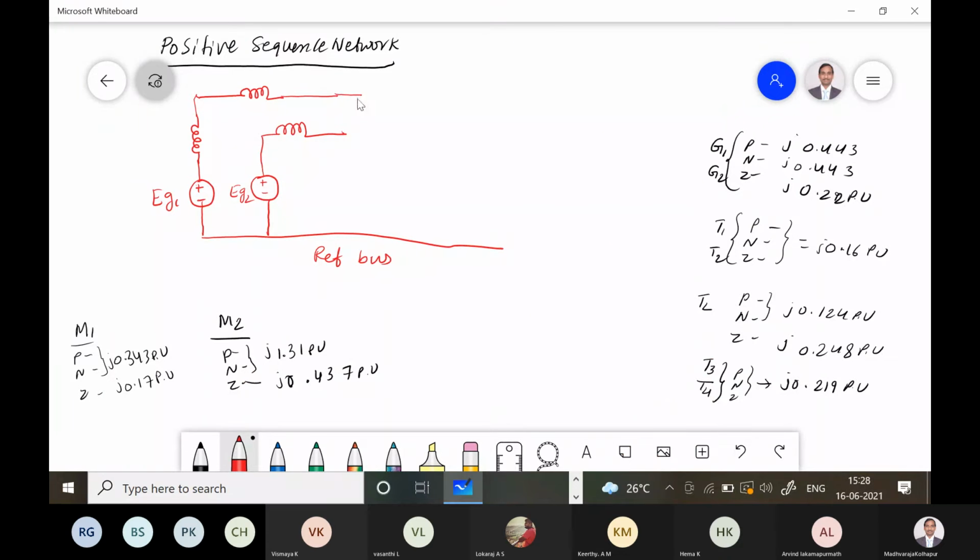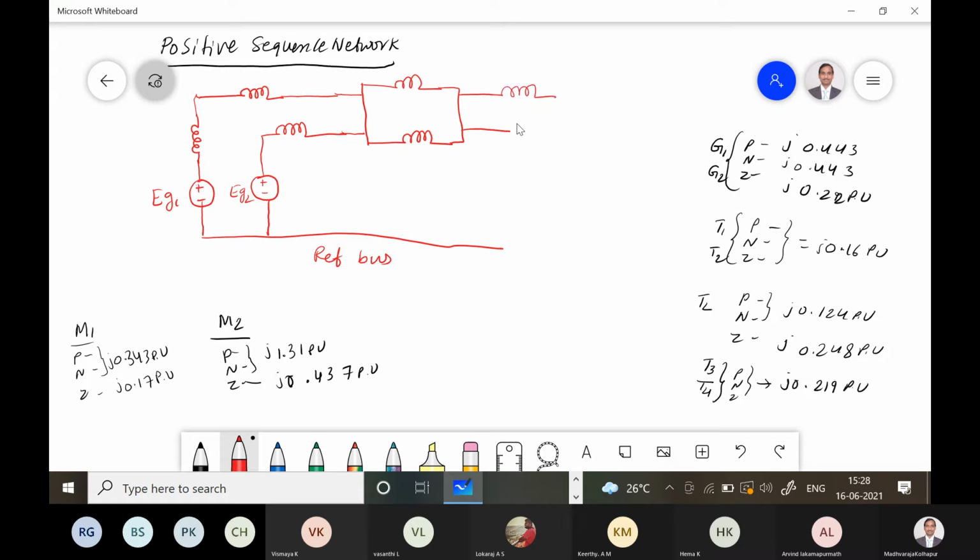Then there is a transmission line. Write the reactance diagram whatever is there, as it is. The transmission line box is there, and in that box transmission line 1 and transmission line 2 are there, so that is why I have written like this.